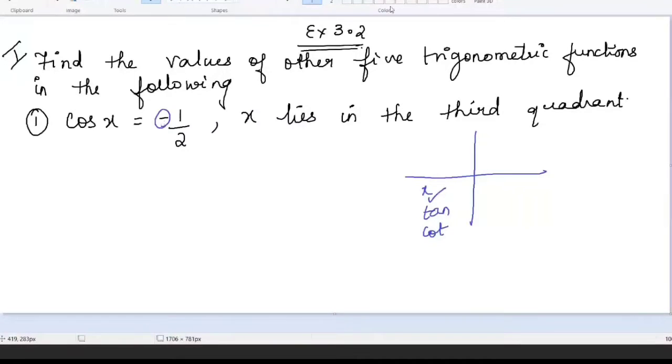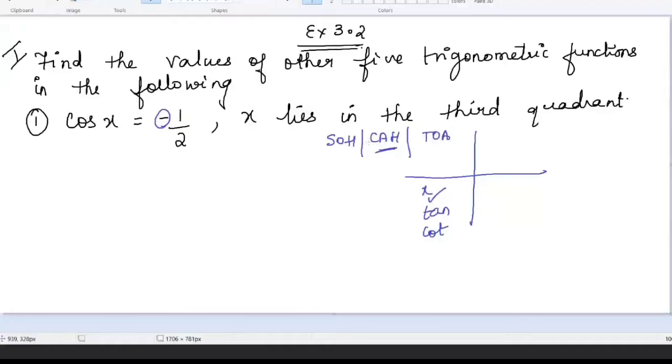Now remember the idea which was given to you, SOHCAHTOA. From what is given to us, cos is given here, so form a right angled triangle.